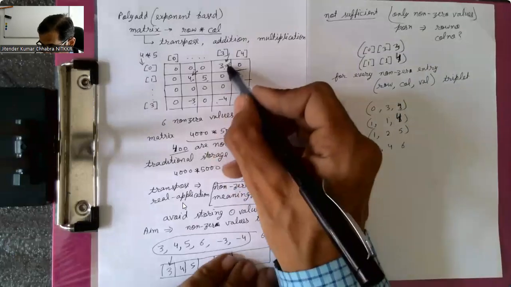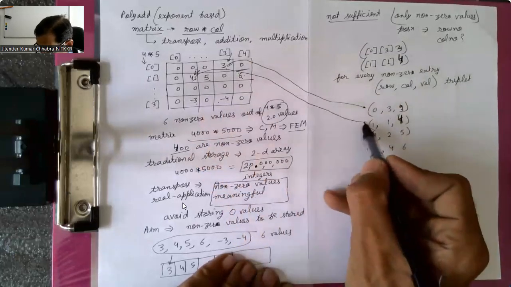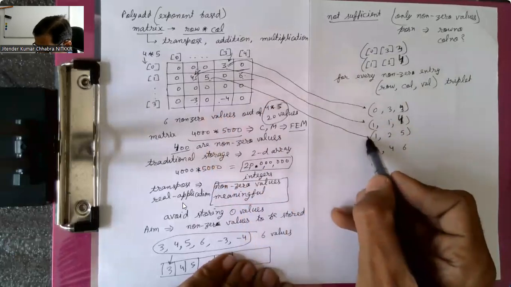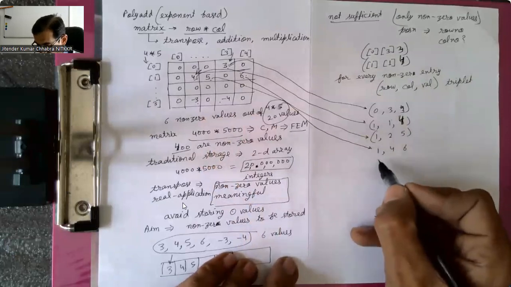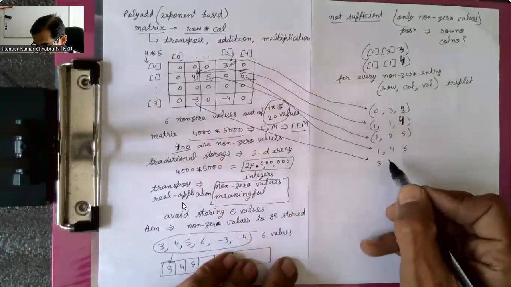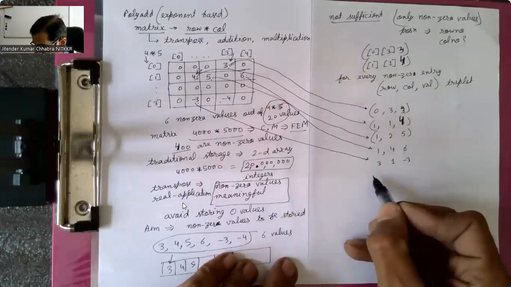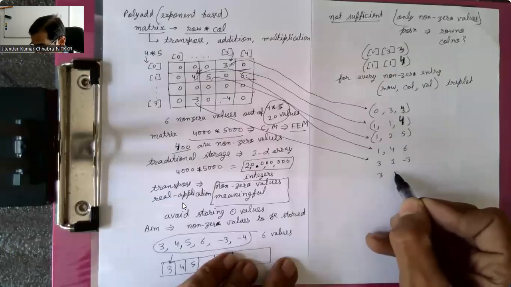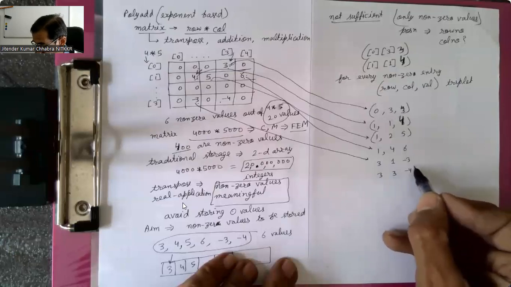And then I have minus 3. So this is row number 3, column number 1, value minus 3, row number 3, column number 3, and value minus 4.